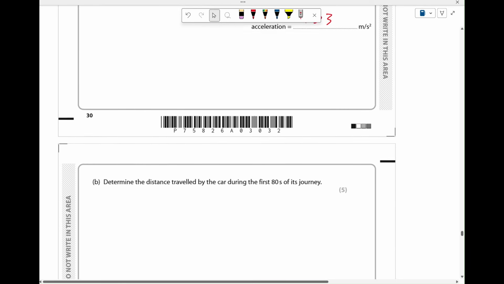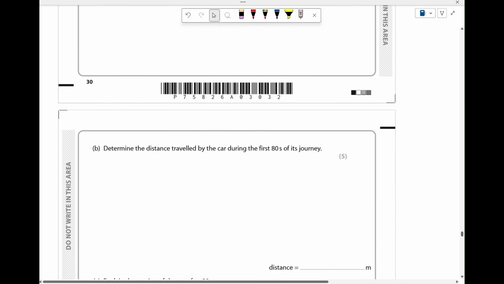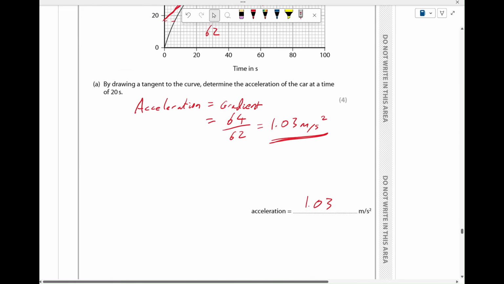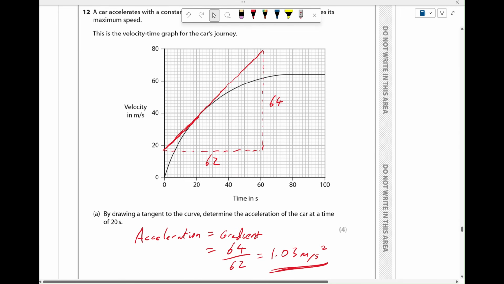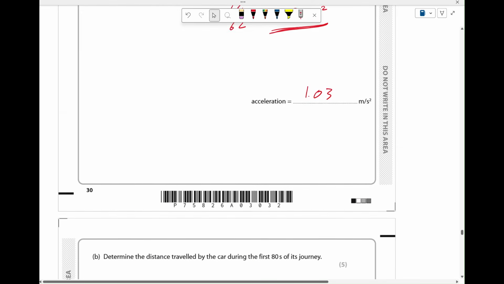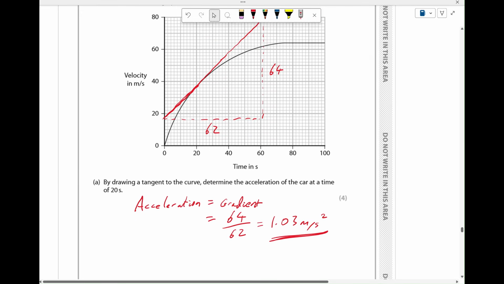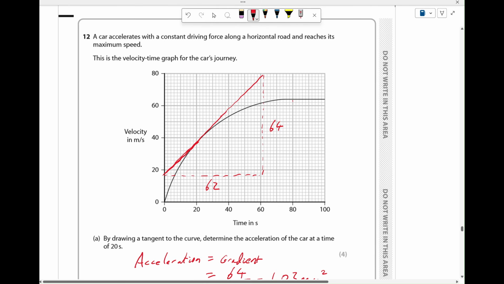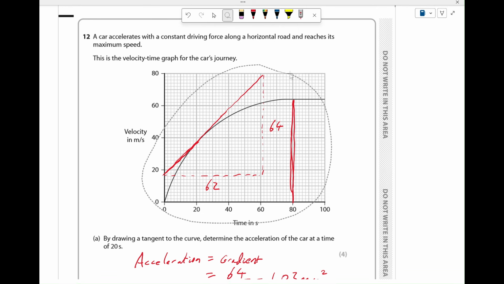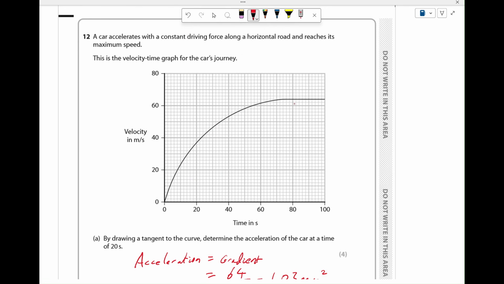Something like that. Determine the distance travelled during the first 80 seconds. Oh blimey, I'm going to have to take this again. Okay, so the first 80 seconds. Are they really expecting me to... Sorry, I'm going to have to actually rub out some of... I'll just rub everything out because this is going to get... Sorry, don't do this in the real exam, just do it with a faint pencil. 80 seconds, how are we going to do this?